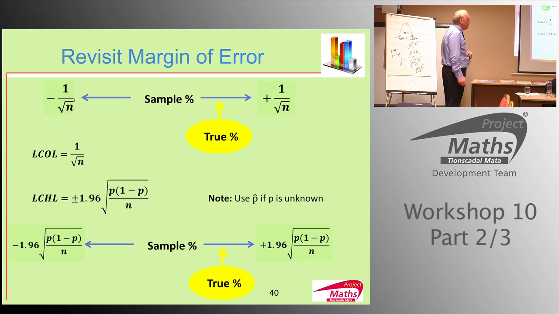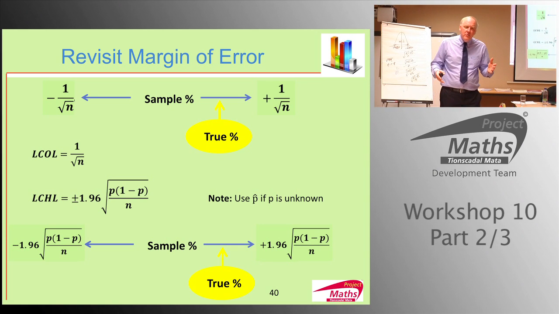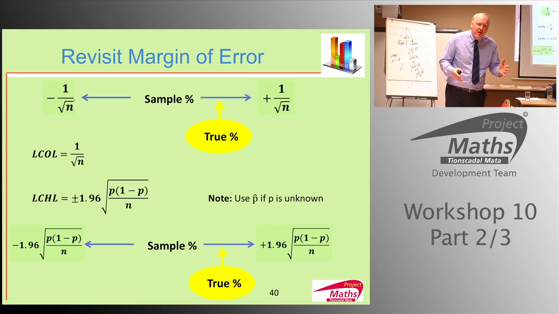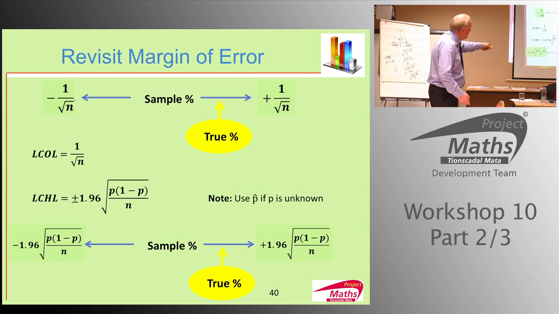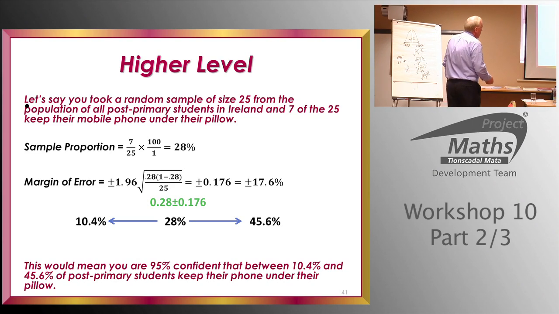And if you don't know p, you'll be subbing in p hat as your best estimate. It's more precise, and I'll show you now. Remember the first one we did with the sample size of 25, we got from 8 to 48. Let's see what happens when we sub it into this.